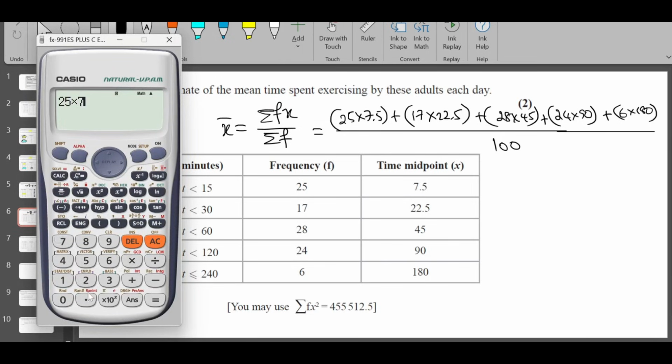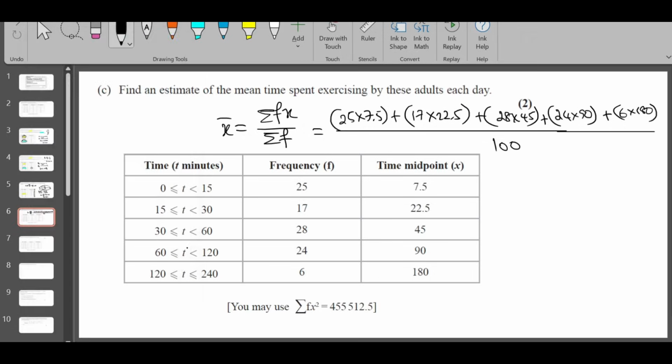25 times 7.5 plus 17 times 22.5 plus 28 times 45 plus 24 times 90 plus 6 times 180 gives 5070.